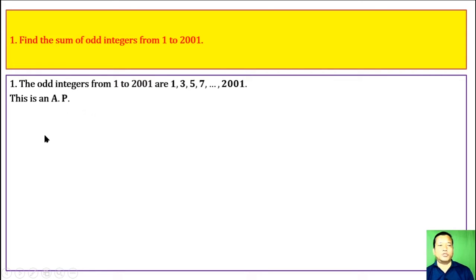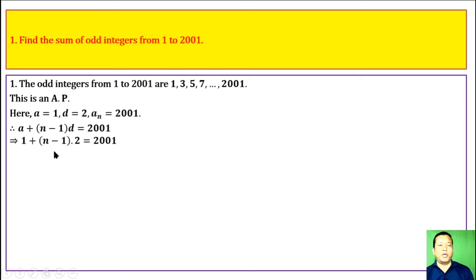Common difference is 2. Here a is 1, common difference is 2, and the last term is 2001. Therefore, a plus (n minus 1) times d equals 2001. Putting in values of a and d, we can solve for n, whose value is 1001.